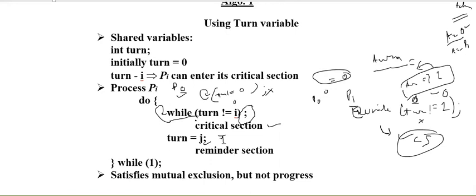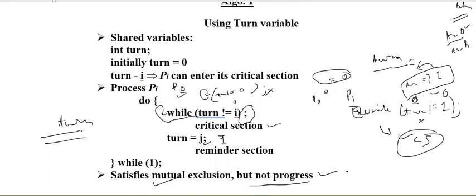So by simply using the variable turn, I can send processes into the critical section one by one. So definitely it satisfies mutual exclusion. But this particular code does not satisfy progress.